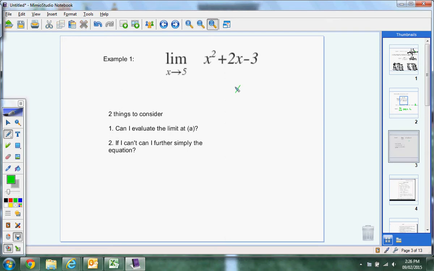So I can simply make x equal a, which is 5. For this example, I have limit as x approaches 5, and I plug in 5 squared plus 2 times 5 minus 3. So this limit is 25 plus 10 minus 3, which is 32.